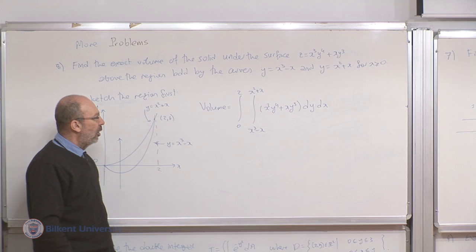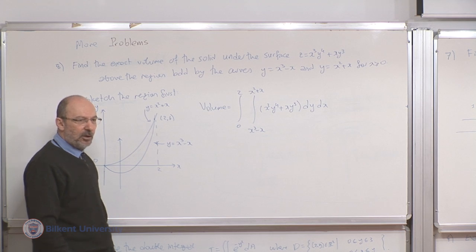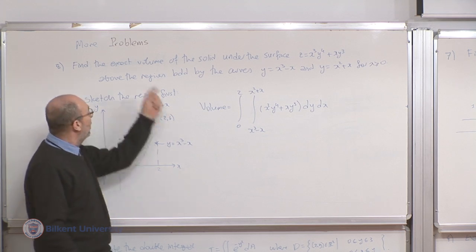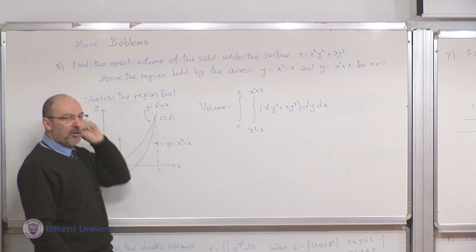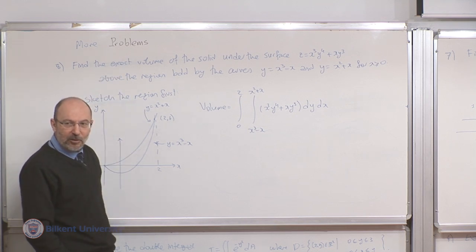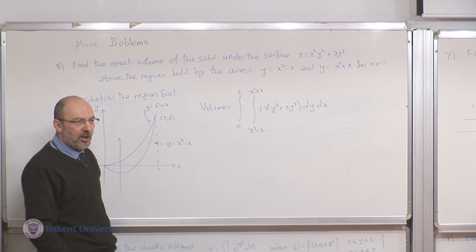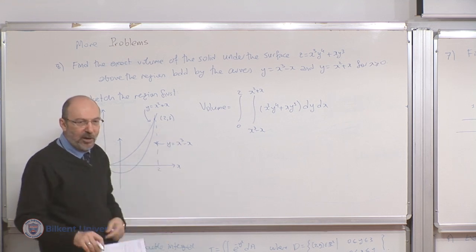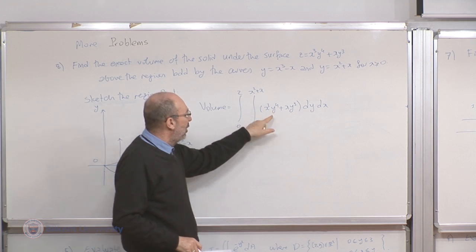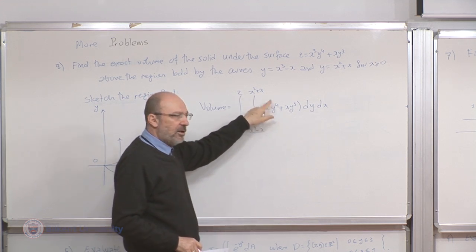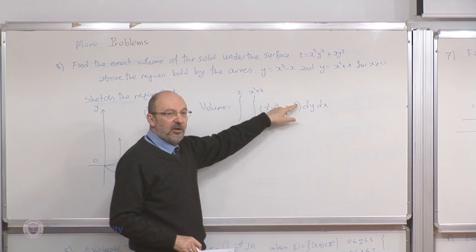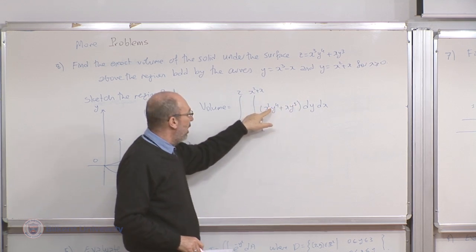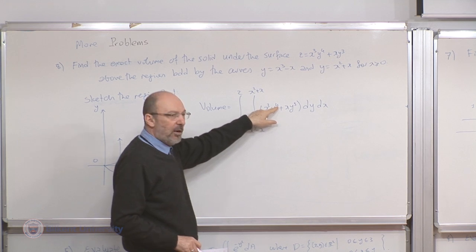Okay? So you look at this. It's totally trivial. In fact, there was another sentence here which I didn't write so as not to scare you. It says use a computer algebra system to calculate this. You say, oh, I can do this by hand because this is a polynomial. When you integrate, the powers will increase by 1, and inside y, this is going to be y to the power 5.